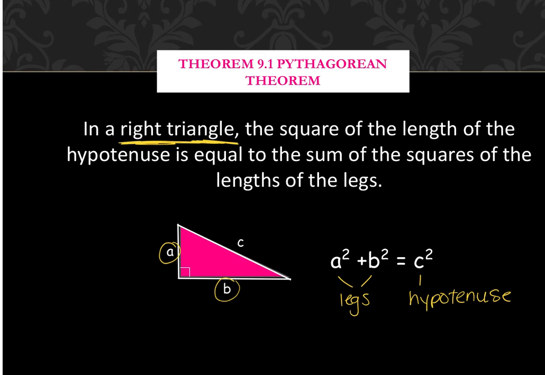What kind of triangle does it have to be in order to apply the Pythagorean theorem? A right triangle, okay? That is the most important part of this entire theorem. It must be a right triangle in order to apply the Pythagorean theorem.